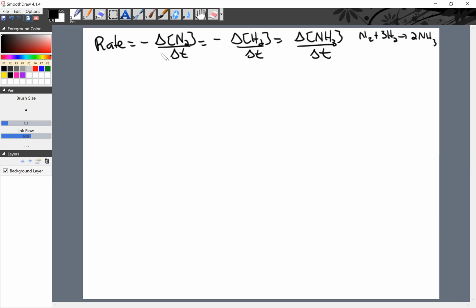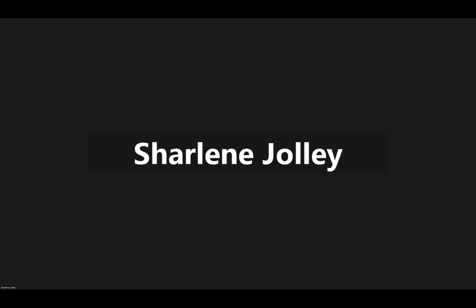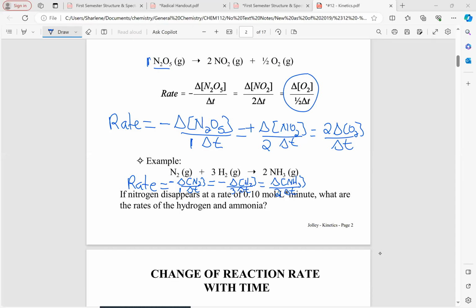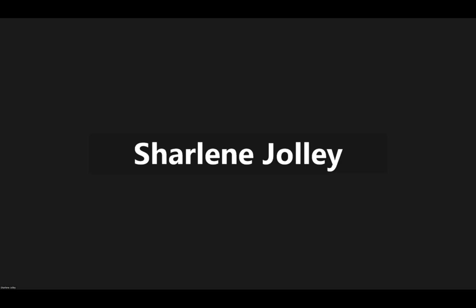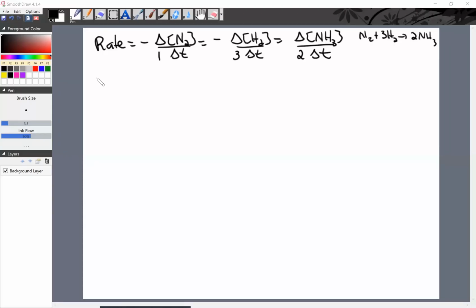And so I need a 1 right here, I need a 3 right here, and I need a 2 right there. I'm going to have to peek because I already forgot what rate I gave you in that problem. So let me go back into my notes real quick. All right, nitrogen disappears at 0.1. You'd think I could have remembered that for that long. All right, so I know the rate of nitrogen.